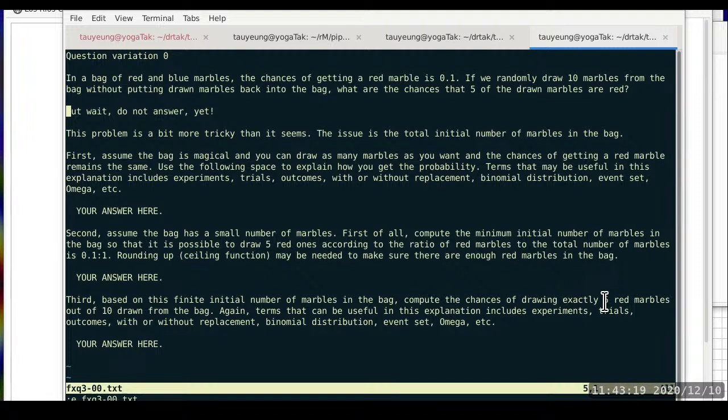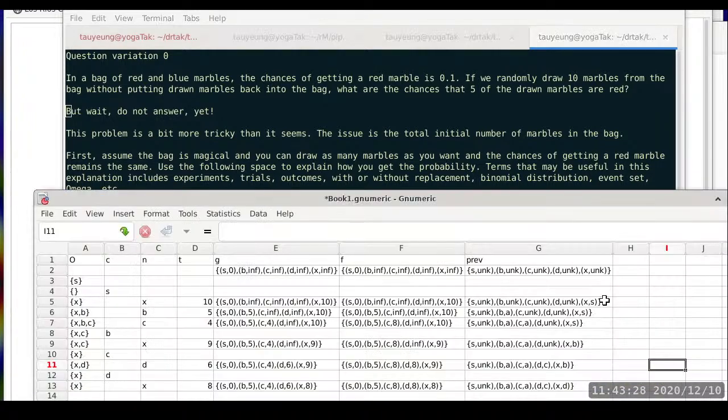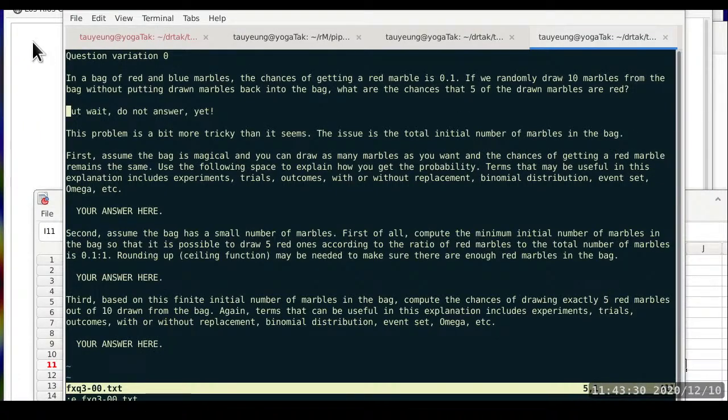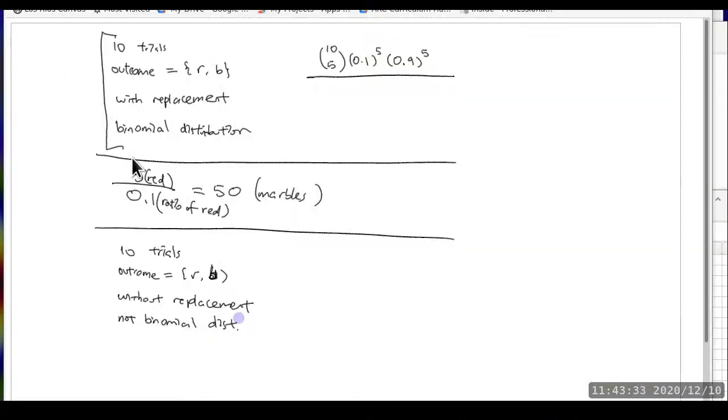So ordering is not important in this case, which is going to strongly suggest we should use combinations. So when it comes to the answer, ordering is not important, so we are using combination. Combination becomes an important concept in this question, in the answer.